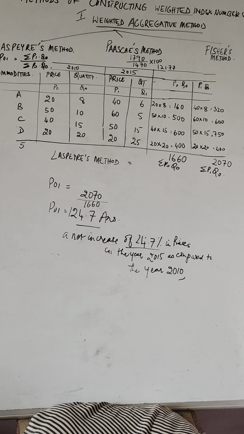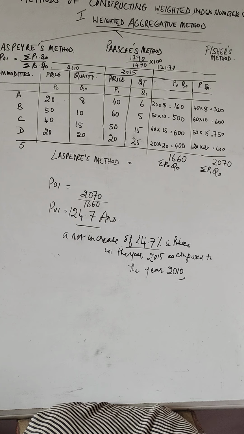Now this provides an explanation to the question: if the expenditure on the base period basket of commodities like A, B, C, D was rupees 100, how much should be the expenditure in the current period on the same basket of commodities?